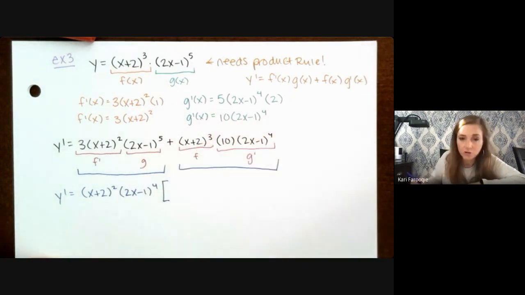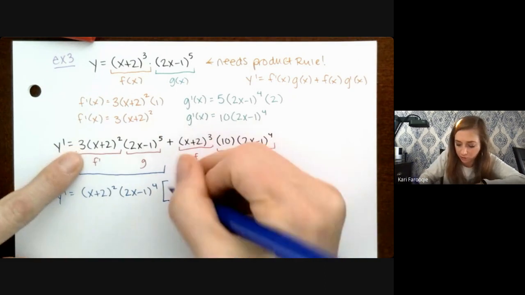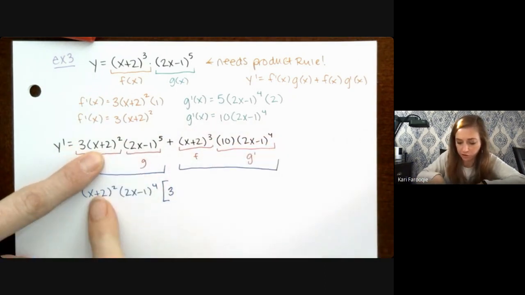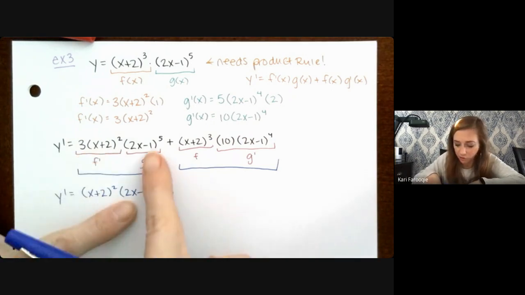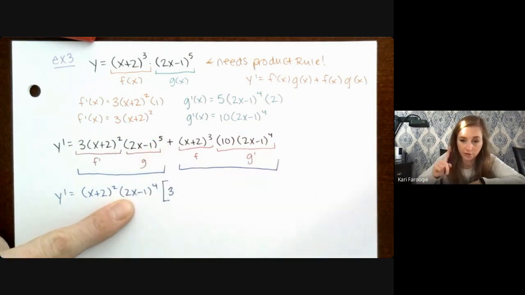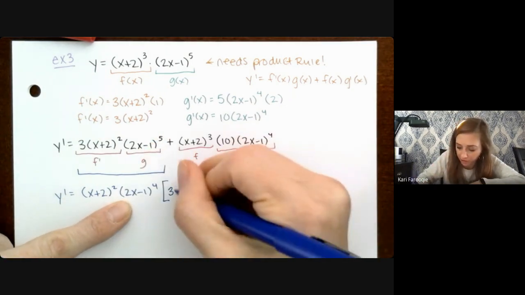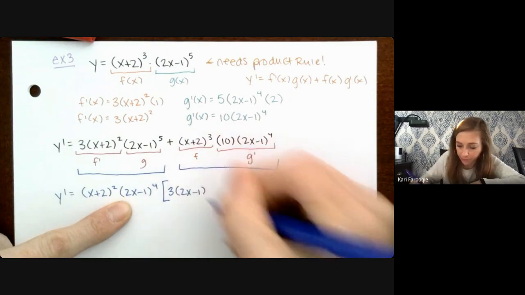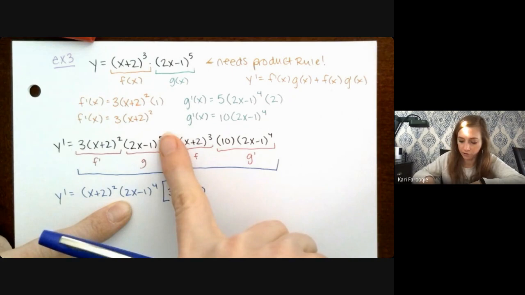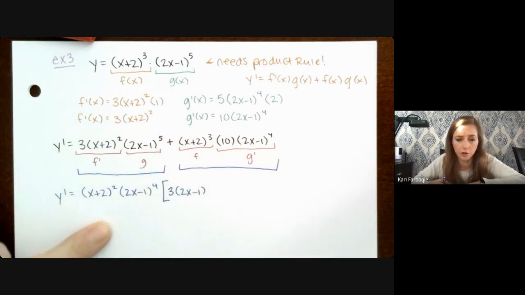Now, I factored that out, and I'm going to write what's left over. When I factored it out, I still had a 3. Both of those factors are outside now. They're not gone. And then I took out 2x minus 1 to the 4th, but this one had a 5th power on it. So I have one more left over inside the parentheses, just the 1st power. So 5, take away the 4, gives me 1 left over.